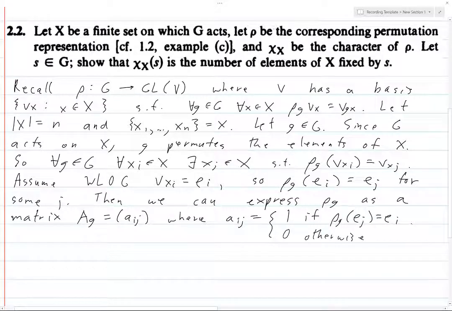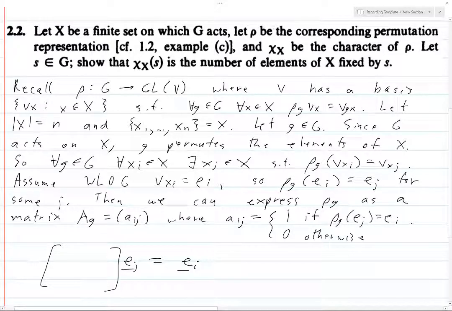This flip of the indices is important because if you think about it, what do you want to happen? If we look at A times e_j equals e_i, then which entry in capital A do we want to be 1 to force this to happen?